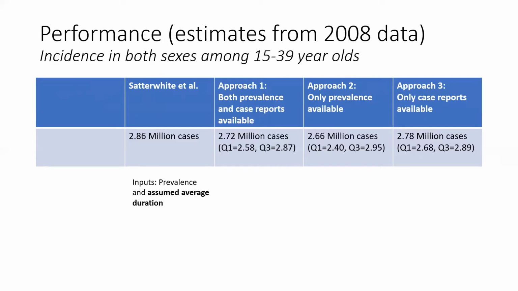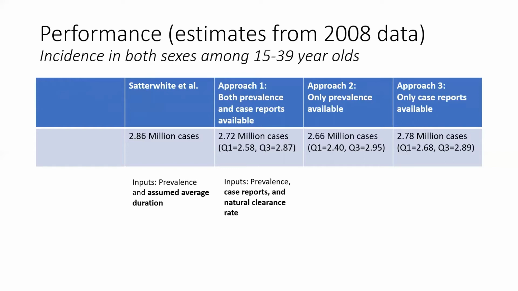But I want to caution you, it's important to think about the types of inputs that are used in these methods. Satterwhite et al. were obviously using NHANES prevalence, but they were also assuming some average sex-specific duration of infection. And as we just talked about, recovery is a heterogeneous process resulting from either natural clearance, screening, or symptomatic treatment seeking.